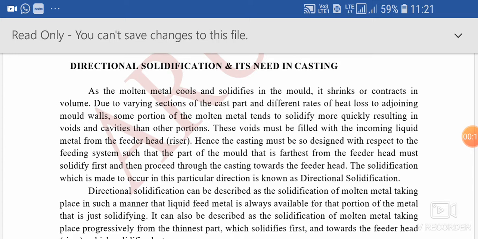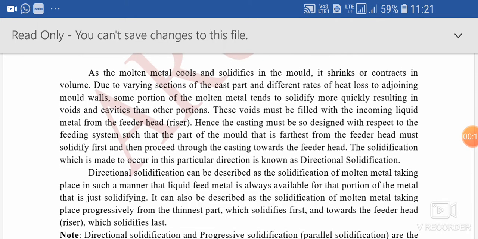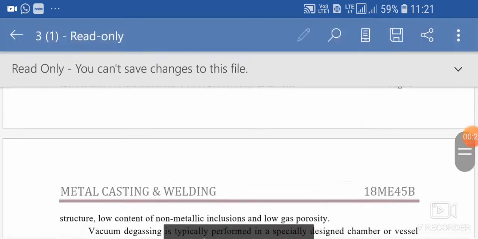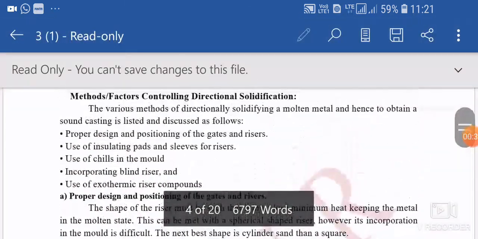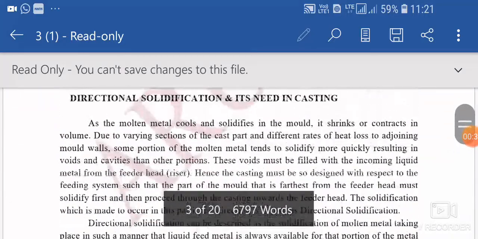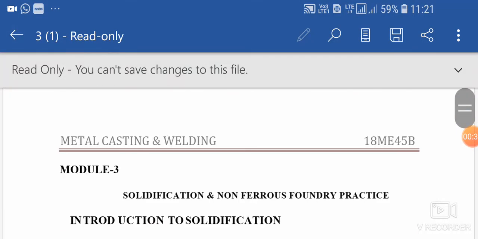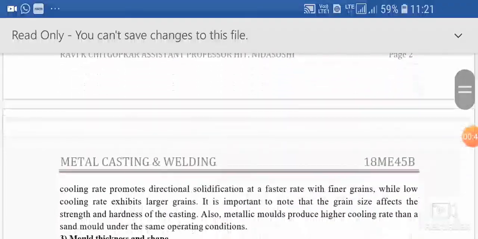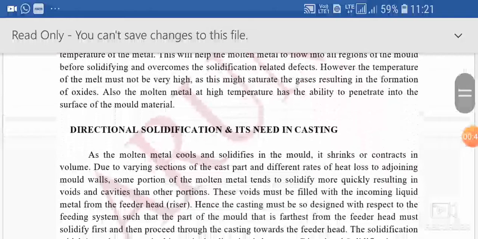Due to varying sections of the cast and different rates of heat loss to the adjoining mold wall, some portions of the molten metal tend to solidify more quickly than other portions, resulting in voids and cavities.